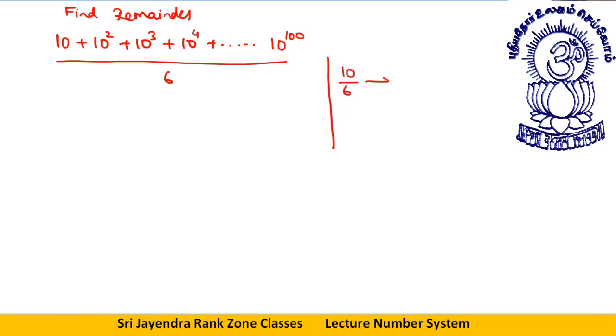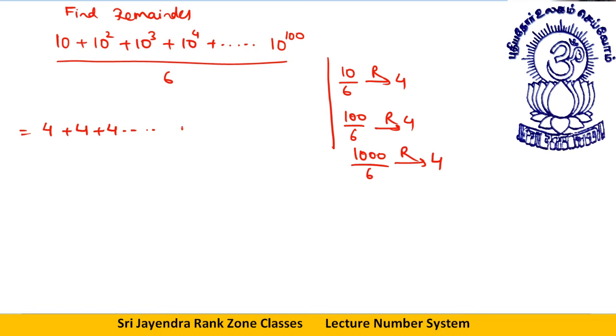10 divided by 6 will give me a remainder of 4. 100 divided by 6 will again give me a remainder of 4. Any one followed by any number of zeros, when divided by 6, will give me a remainder of 4. So this can be written as 4 plus 4 plus 4, 100 times, divided by 6.